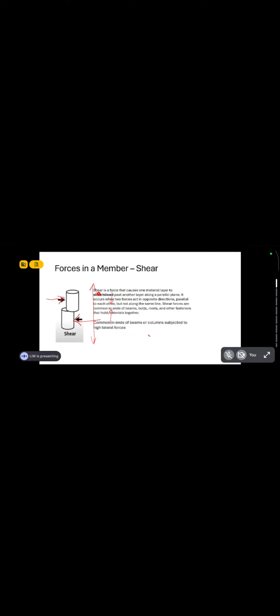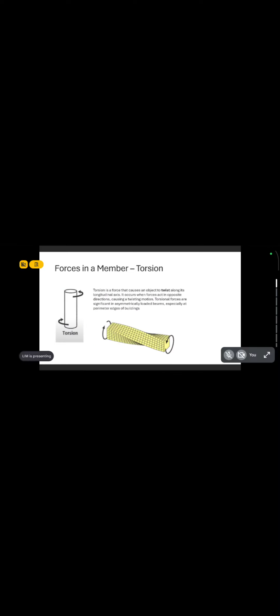Next, you also have torsion. Torsion is a type of moment that twists your beam. So you have a moment going anti-clockwise at the top, and then you have another moment going clockwise at the bottom.